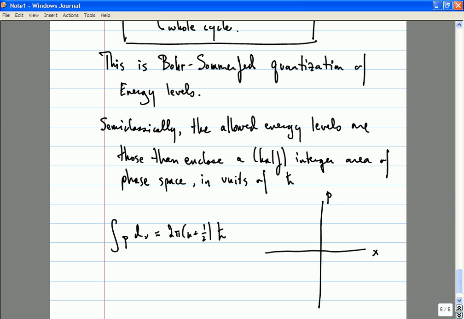And then if we have some potential that leads to some bound states, then the classical trajectories of the system will be some curves in the xp plane, and those curves will have some complicated shape depending on the details of the potential.